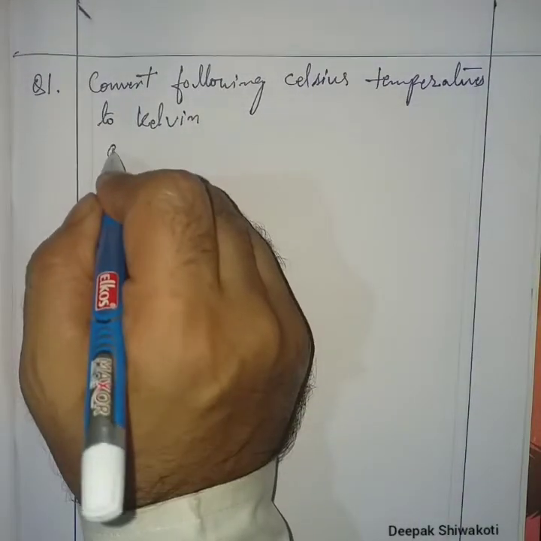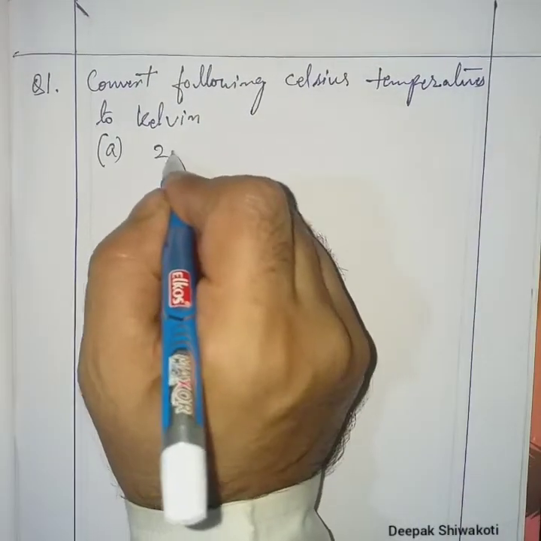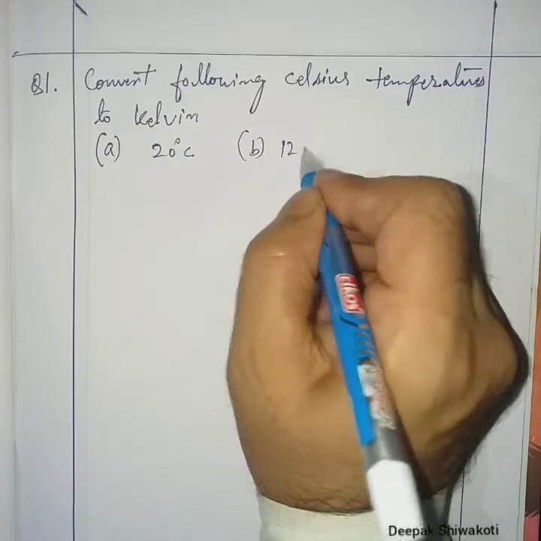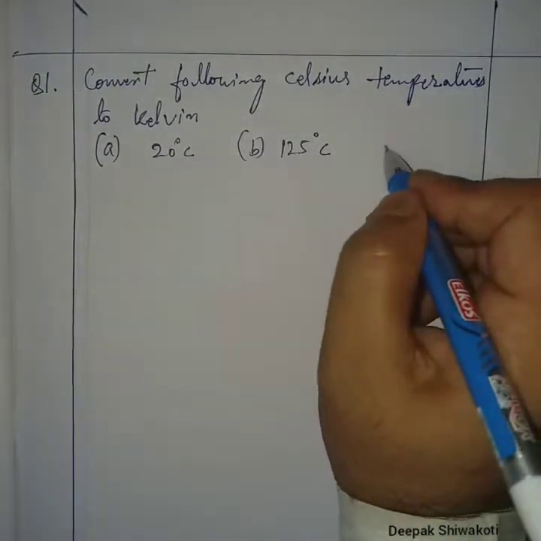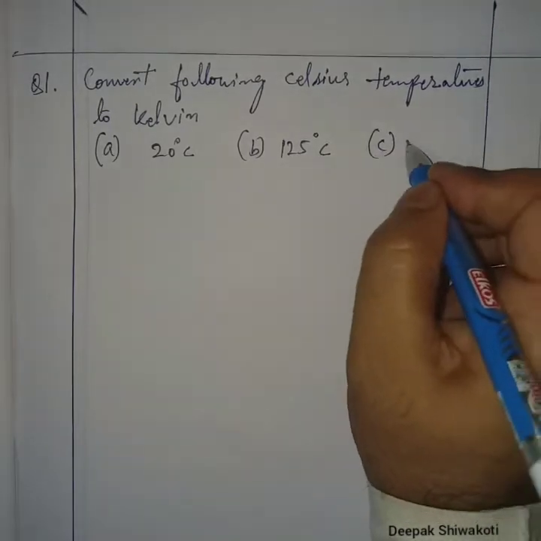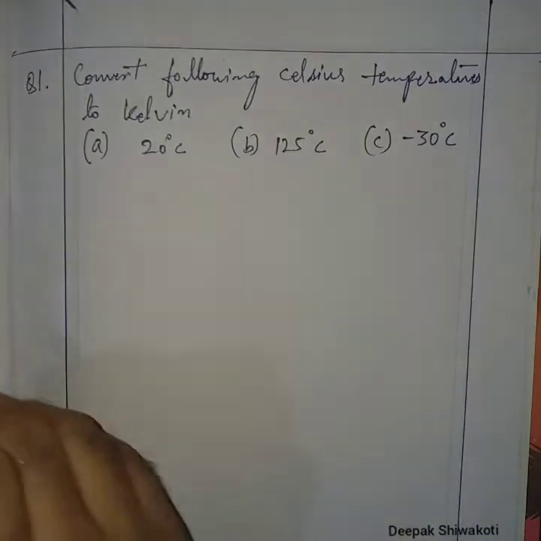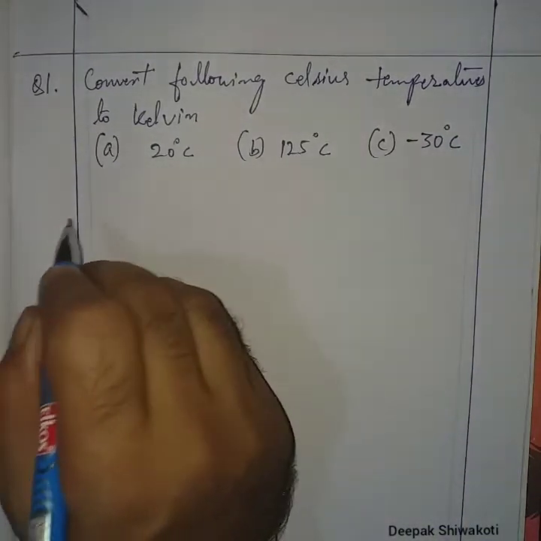Number A is 20 degree centigrade, number B is 125 degree centigrade, number C is minus 30 degree centigrade. Okay, so here it is.